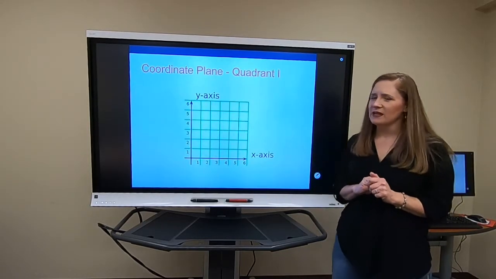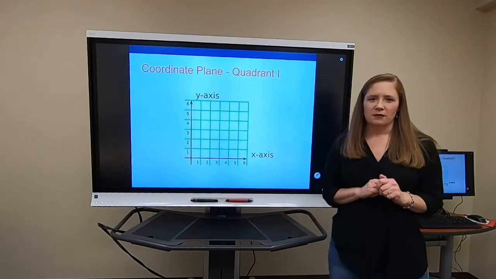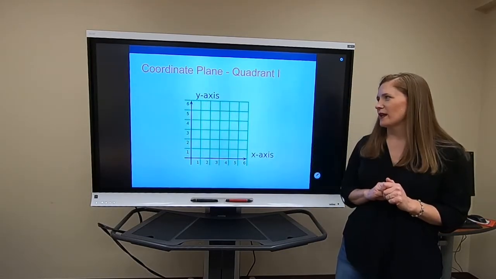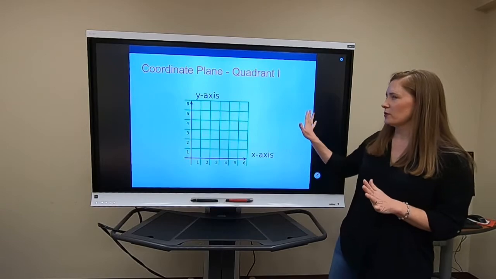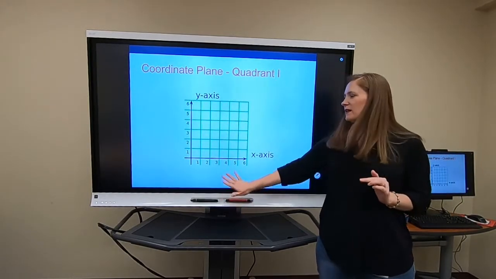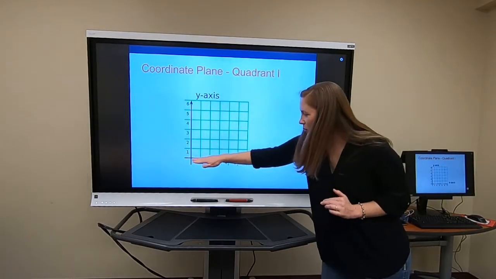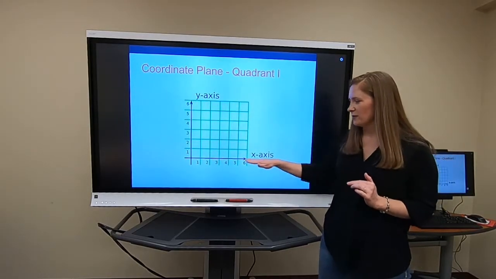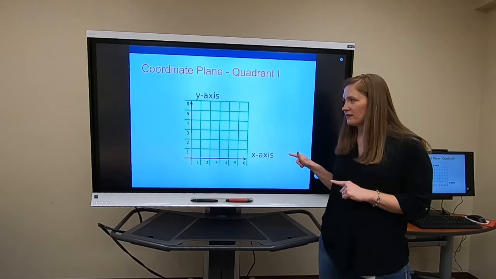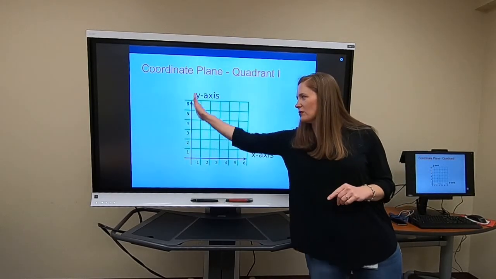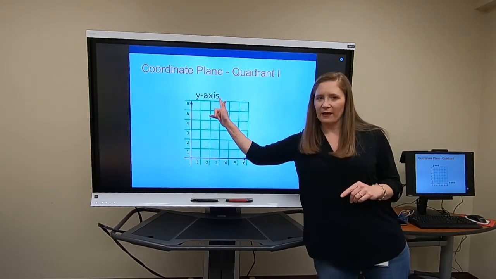Okay, in fifth grade mathematics, you covered just quadrant 1. And in fifth grade, you talked about how the horizontal line at the bottom is the x-axis, and the vertical line is the y-axis.